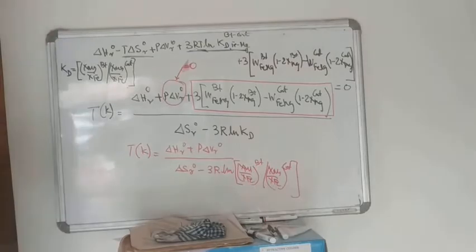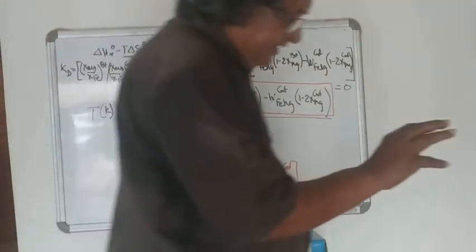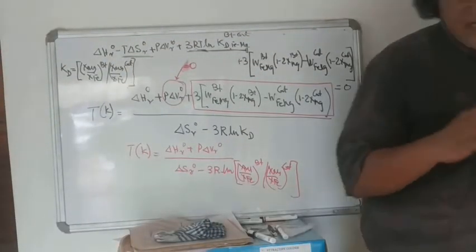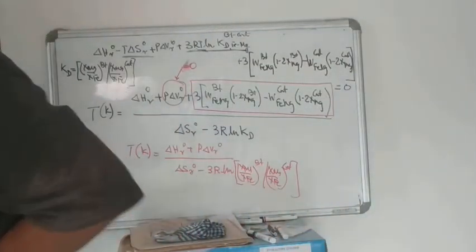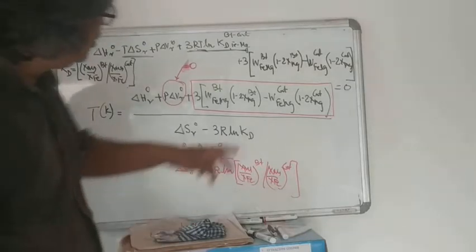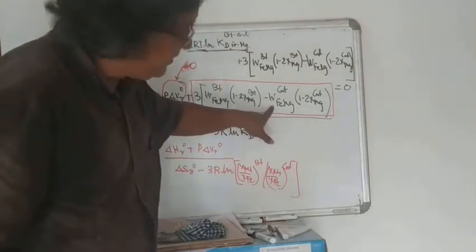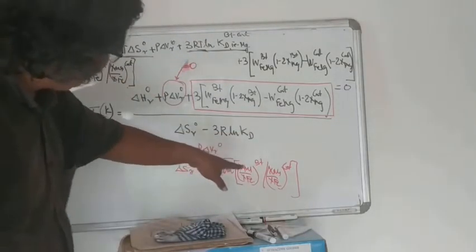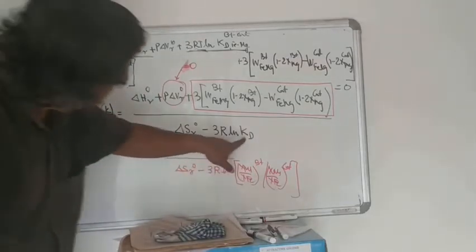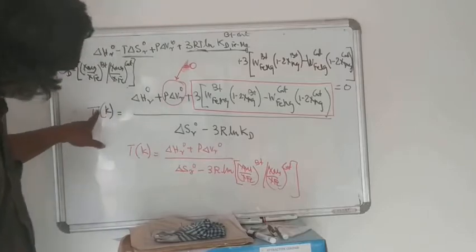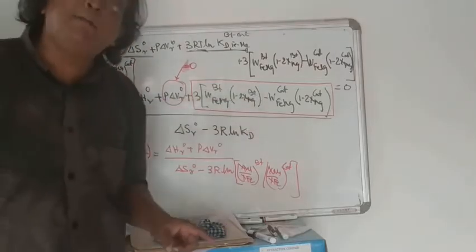So this is what is important at the moment, the point that I wanted to make, that element partitioning depends also on temperature, but if there is non-ideality in the system, then partitioning is not only a function of temperature, but also a function of temperature and composition.